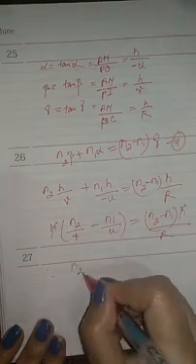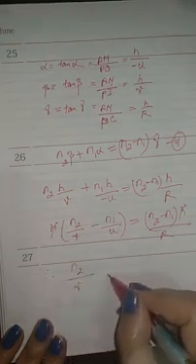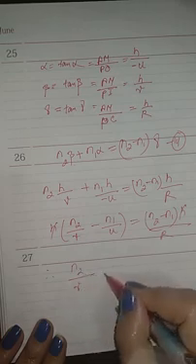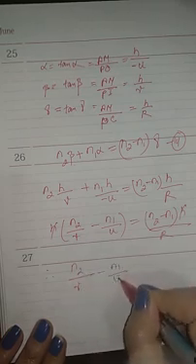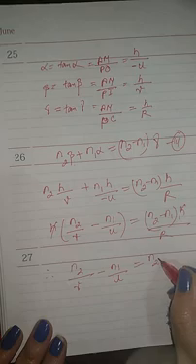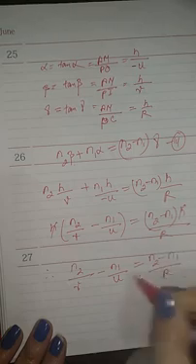Therefore our equation becomes n2 by v minus n1 by u is equal to n2 minus n1 by R.